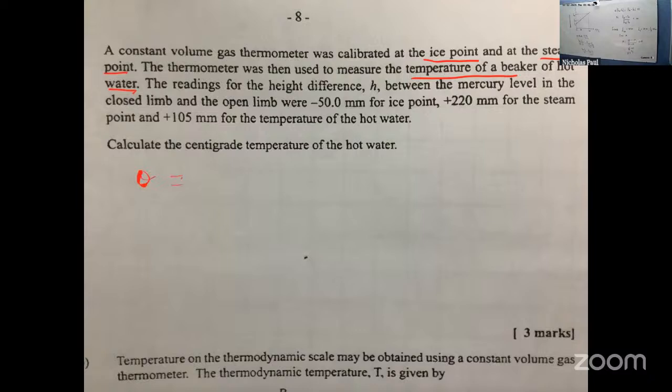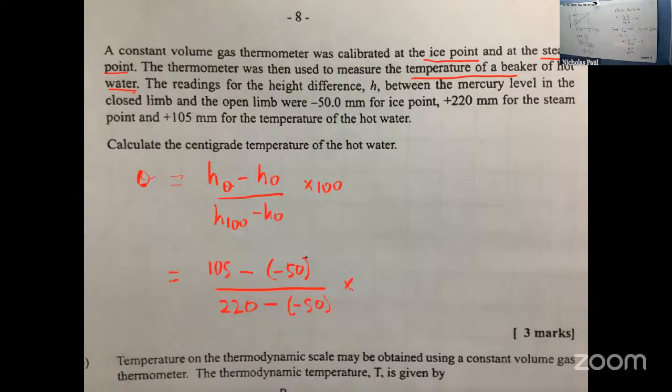So of course we're using theta equals H theta minus H0 all over H100 minus H0. The ice point was minus 50, the steam point is 220, and the unknown temperature, the hot water, is 105, all multiplied by 100.